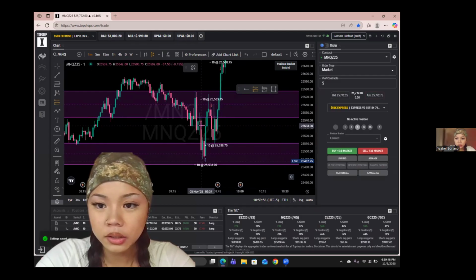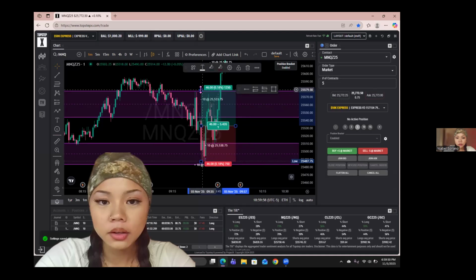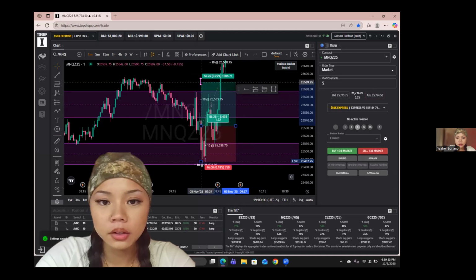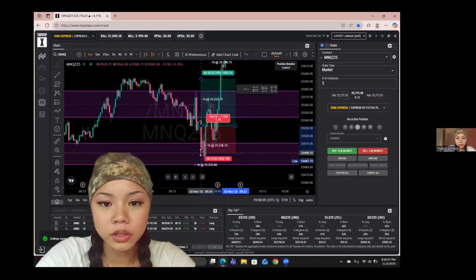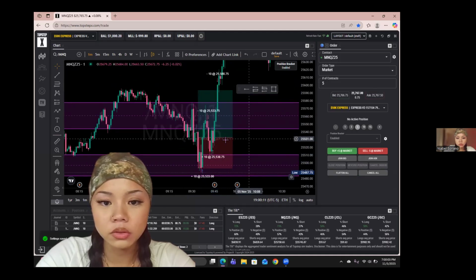533, and then I don't know where my TP was. It was like above those candles and below these candles. It was a 1 to 2.